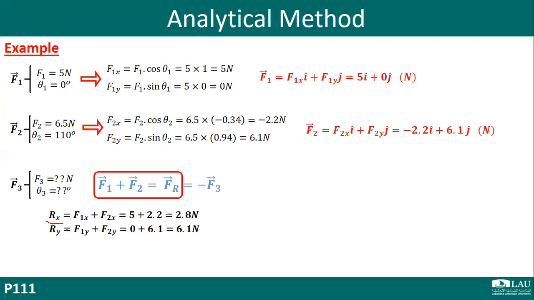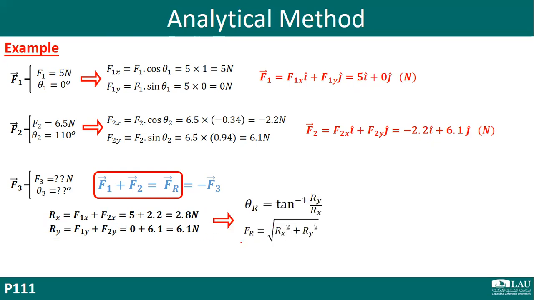So the x component of the resultant is the summation of the x components of F1 and F2. So it's 2.8 newtons. Why is it 2 here? It should be a minus, not a plus, because it's 5 minus 2.2 simply. So it's 2.8. And Ry is 0 plus 6.1, it's 6.1 newtons.